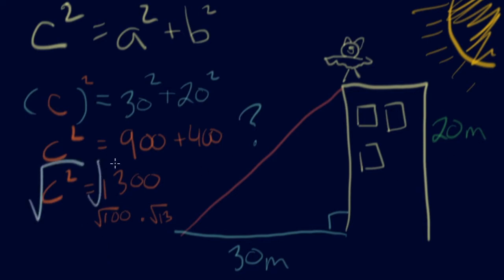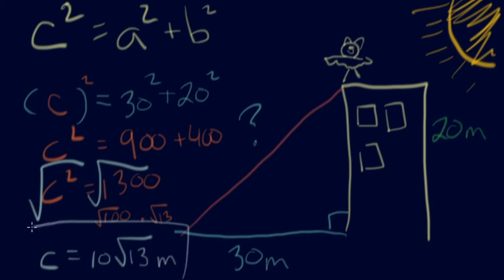That ends up giving me c is equal to 10 root 13 meters. Don't forget to say meters. Classic kid mistake, KKM.